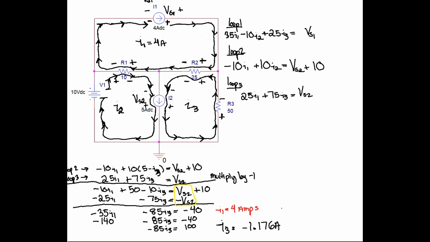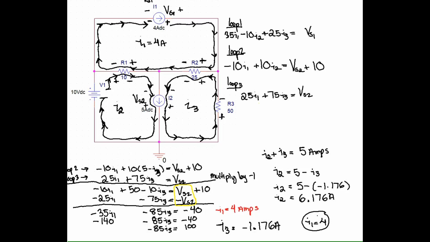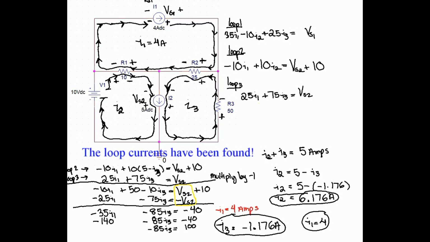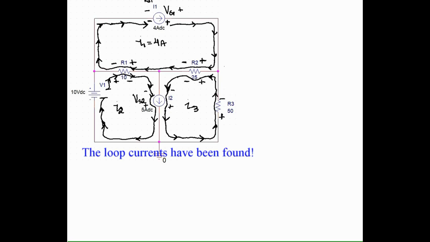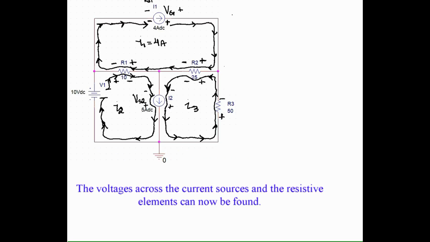So I3 is equal to minus 1.176 amps. What that means is the current is actually going in the other direction than what we had originally drawn on the diagram. So that's I3. Solving for I2, we get 6.176 amps, and of course we know I1 is 4. So once again, I3 is going in the opposite direction.